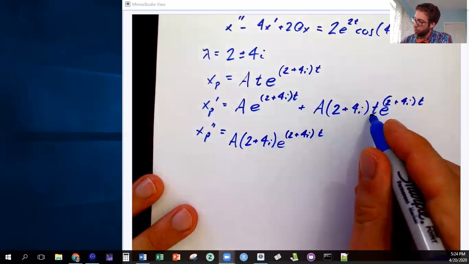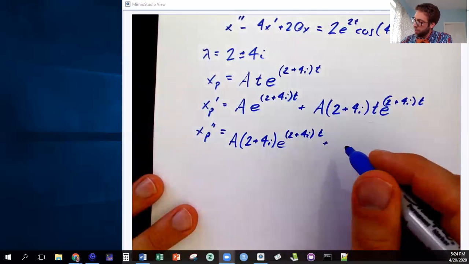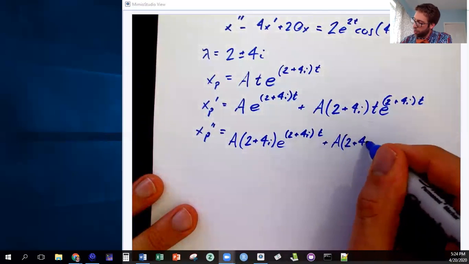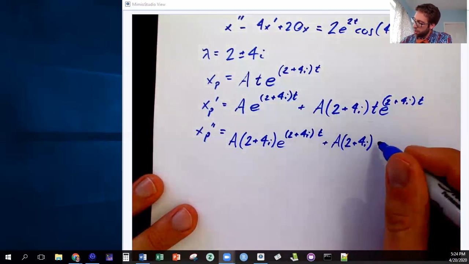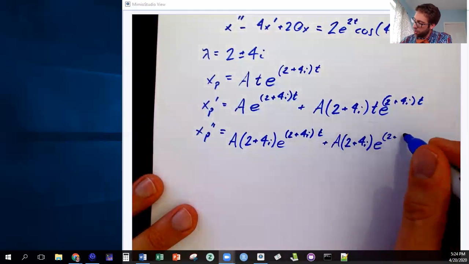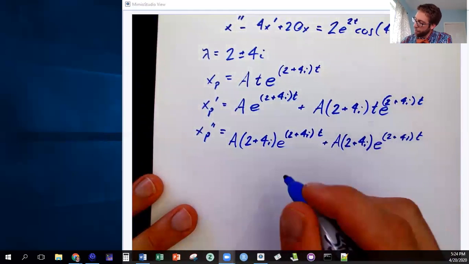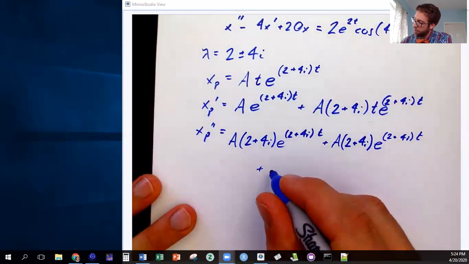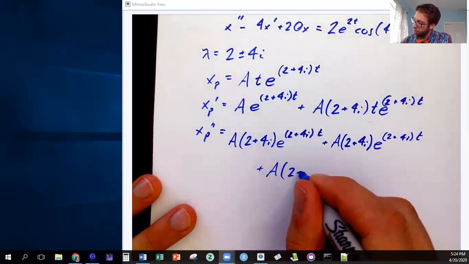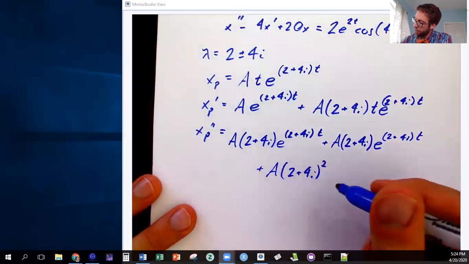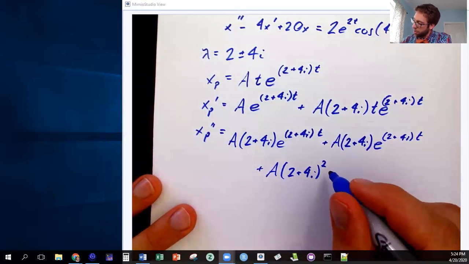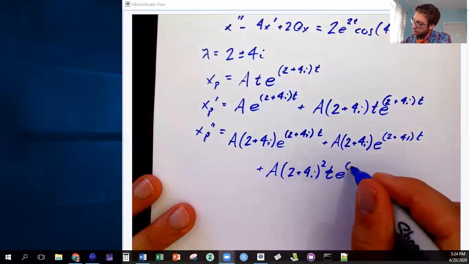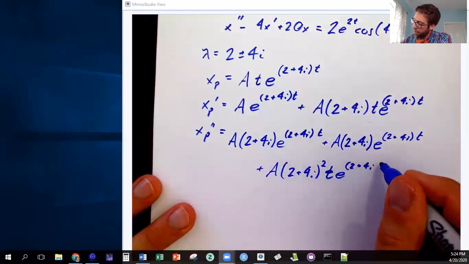So I'll do it with respect to that first, plus a times (2 plus 4i) e to the (2 plus 4i)t. And then I've got to do the product rule with regard to that. So then plus a times (2 plus 4i) squared times t times e to the (2 plus 4i)t.